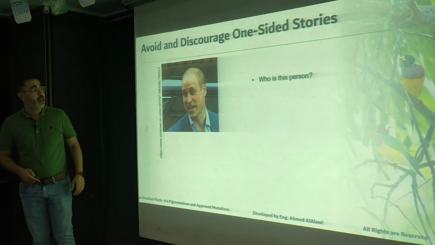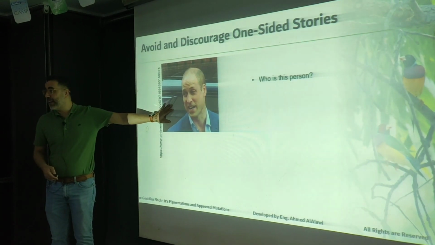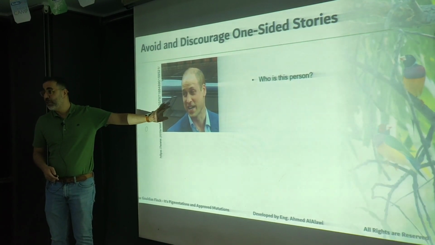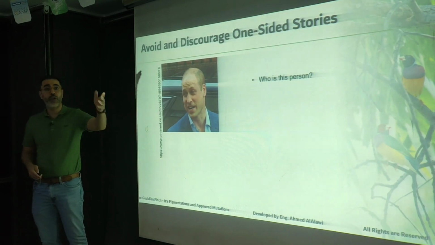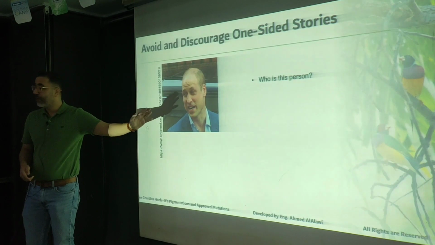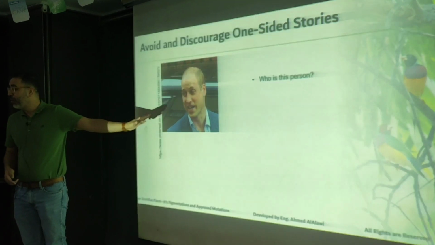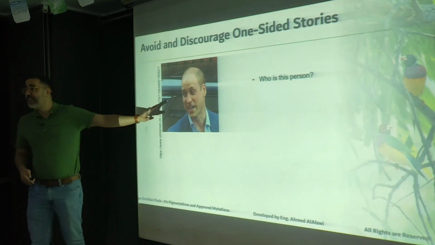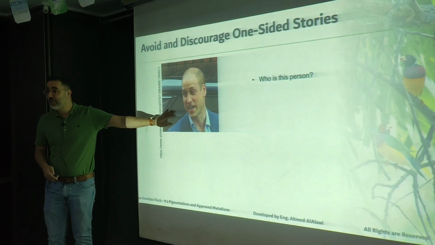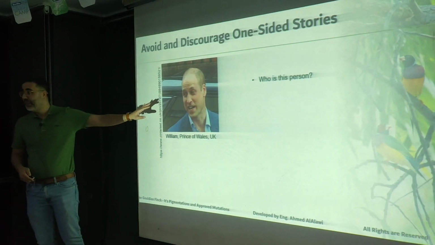So, does everybody know who this guy is? Who is he? We don't know? You don't know. So, do you know the King of the UK? King Charles. Oh. This is his heir. He's the Prince of Wales, right?